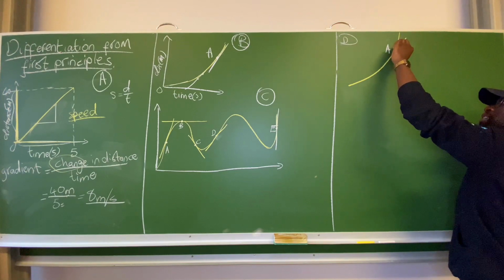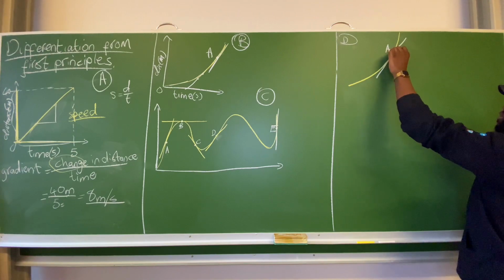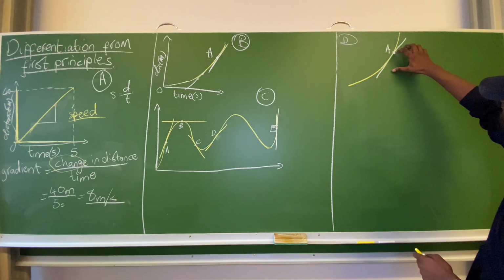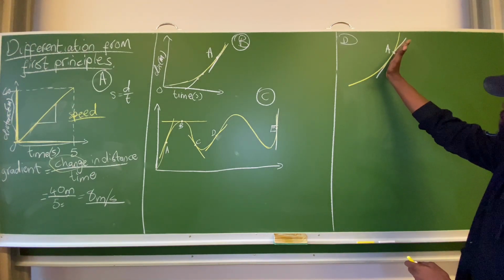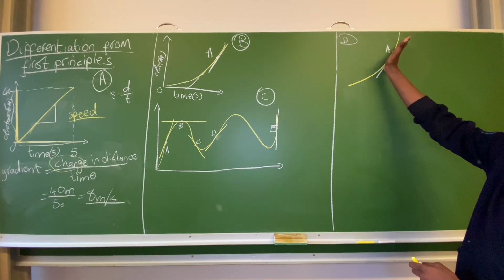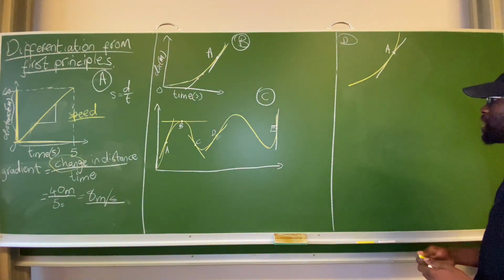Again, a tangent is a straight line that touches the curve at one point. I won't be accurate there. It only touches at point A. Now, we can get a visual of this gradient that it will look somehow like this. But to calculate it, it would be more complicated than that.